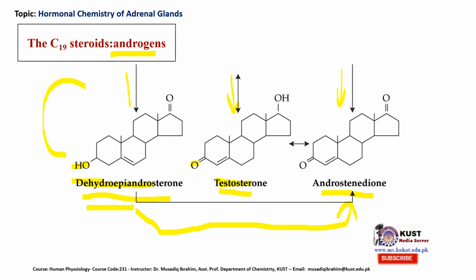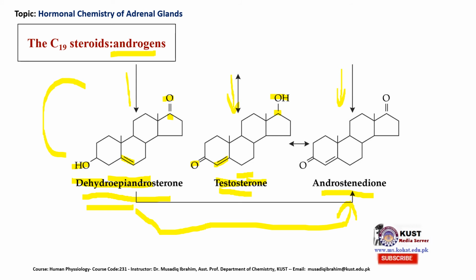Now in dehydroepiandrosterone you have a double bond at carbon number 5 and 6, while in testosterone you have a double bond at carbon number 4 and 5. Furthermore, you have double bond oxygen in dehydroepiandrosterone at carbon number 17, while in testosterone you have a hydroxyl group at carbon number 17.